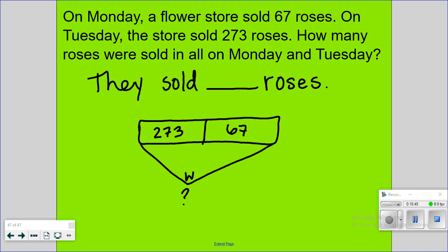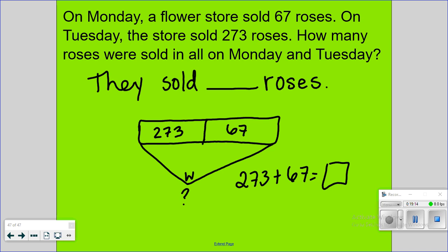Can someone make an equation from our bar model? What equation can you make from that bar model? Michael? 273 plus 67 equals box.